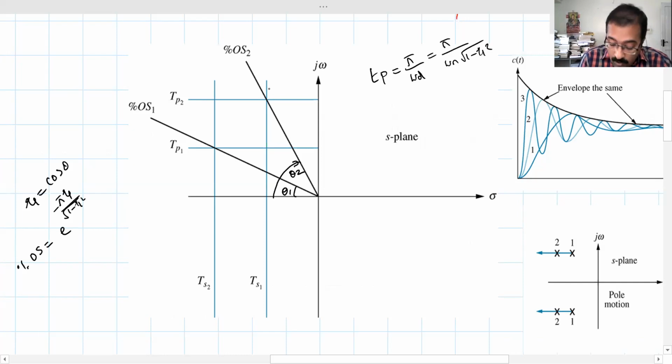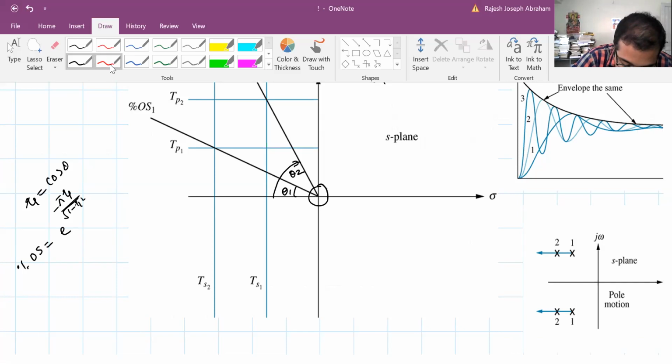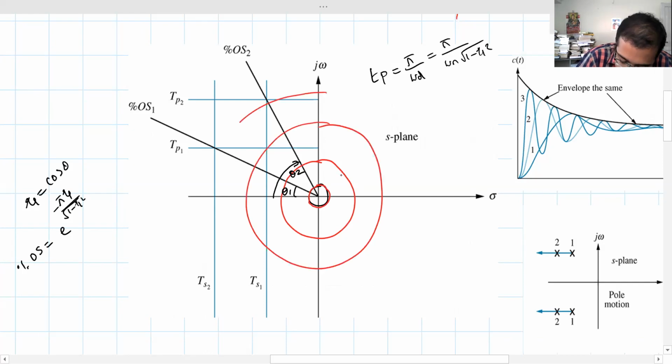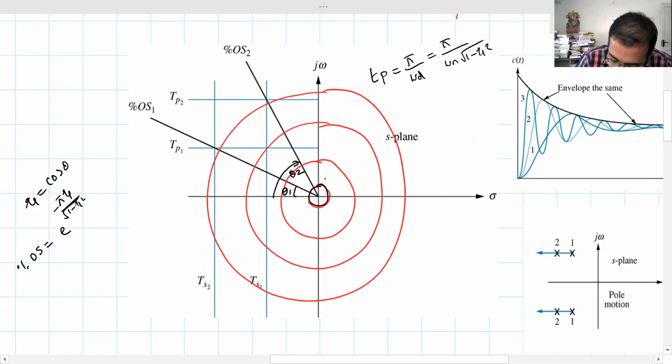Now what will concentric circles indicate? Concentric circles will indicate constant omega n, the undamped natural frequency. So this is omega n1, this is omega n2, this is omega n3. Wherever your poles move along a particular circle, your undamped natural frequency omega n remains constant.